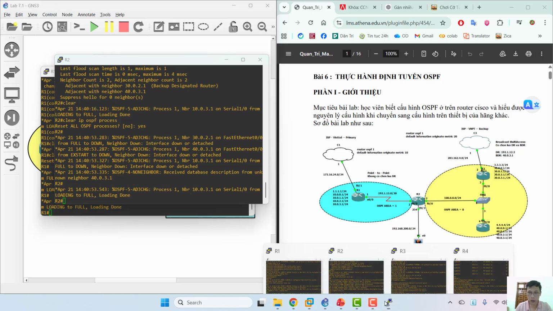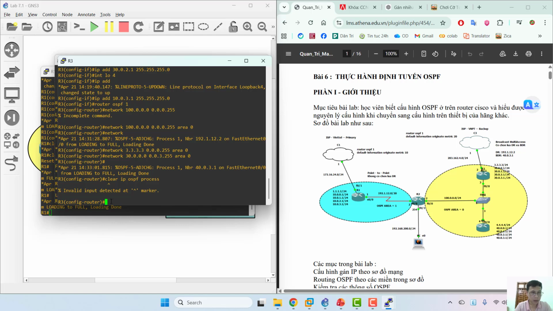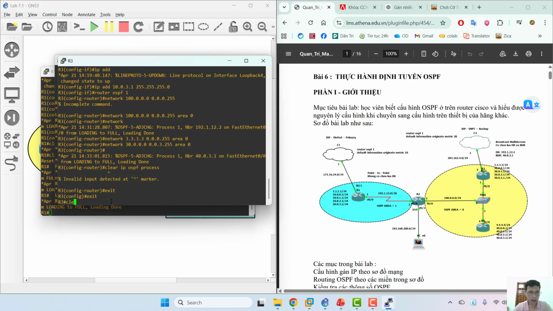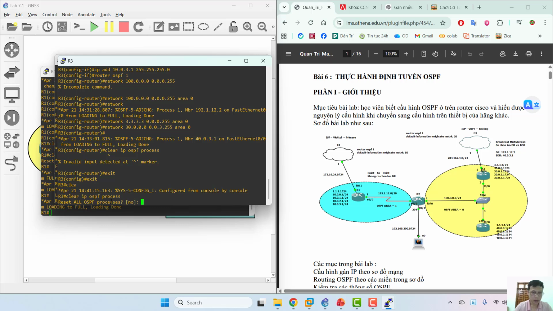Okay, now we go to router number 3. Clear ip ospf process. Yes.